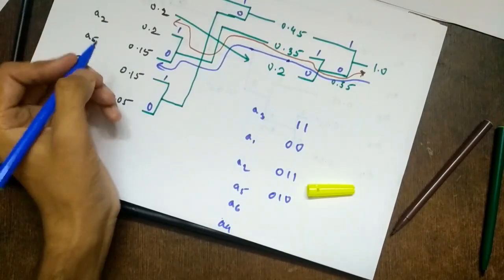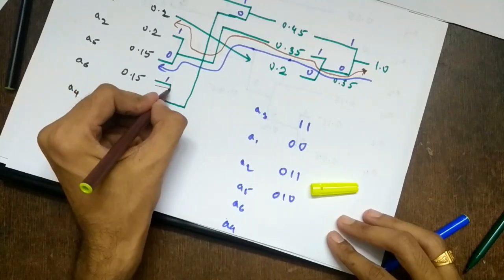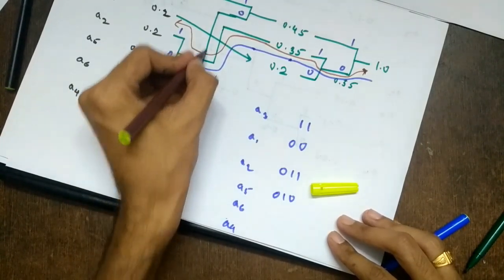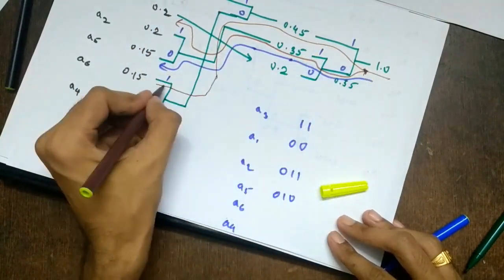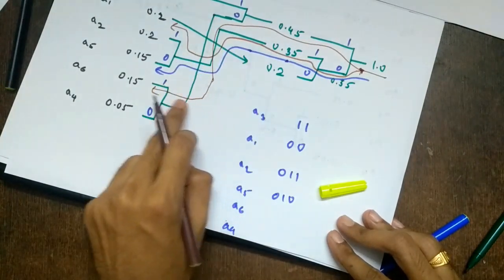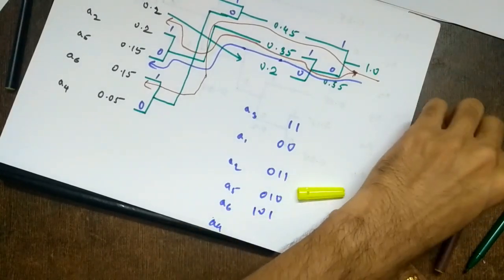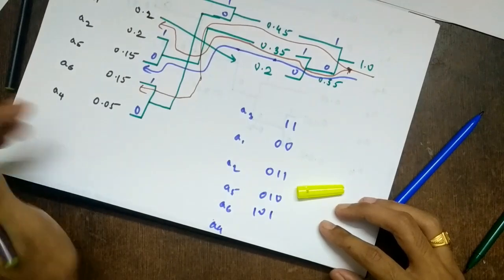Okay. So for A6, like this will go. Remember it is this line. So we have to go here and then here and in this direction. So 1, 0, 1. Then what we have to do? 0.05.